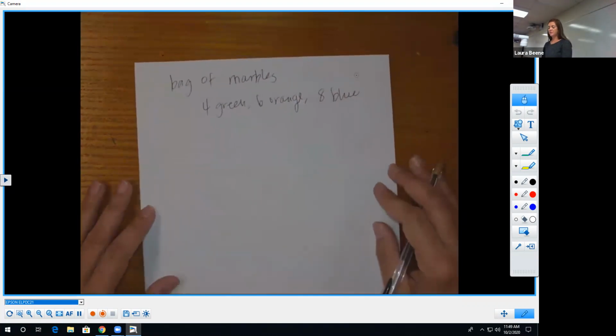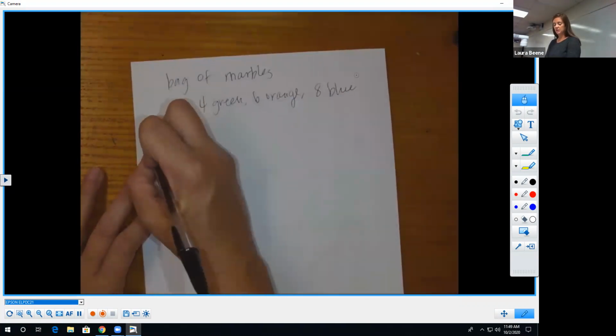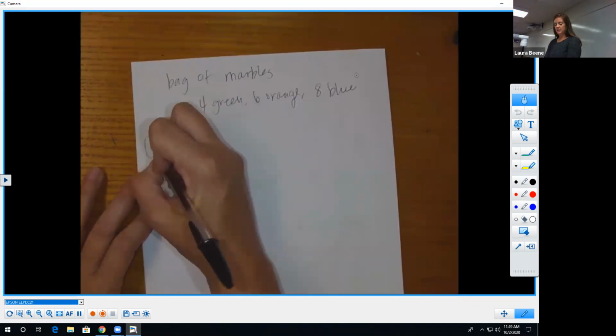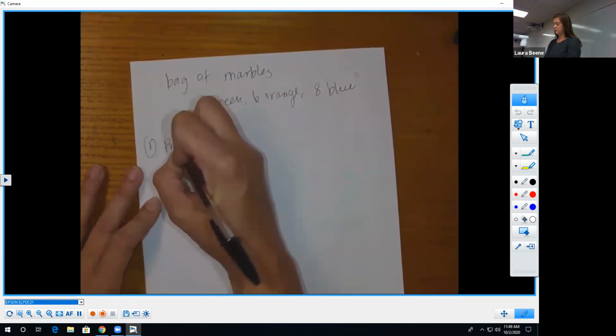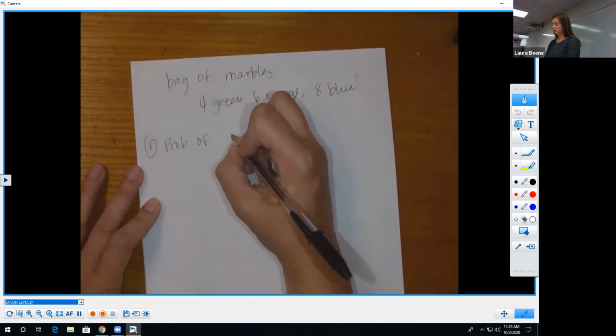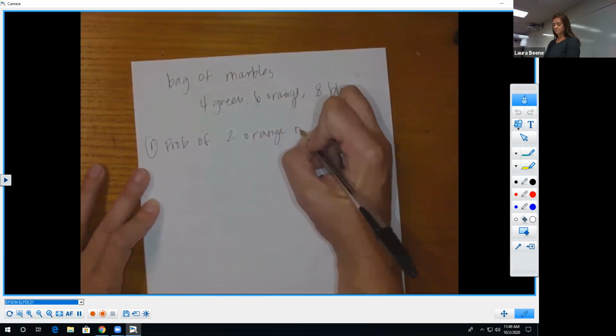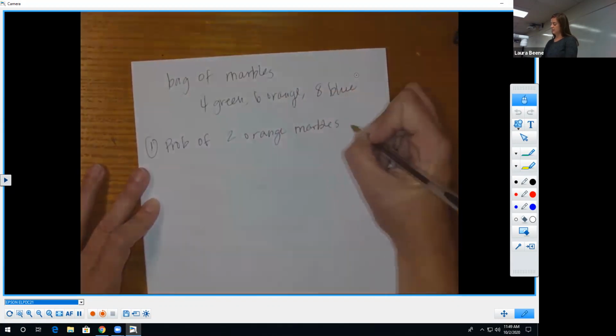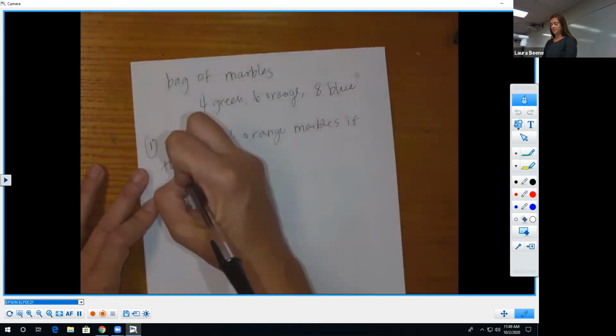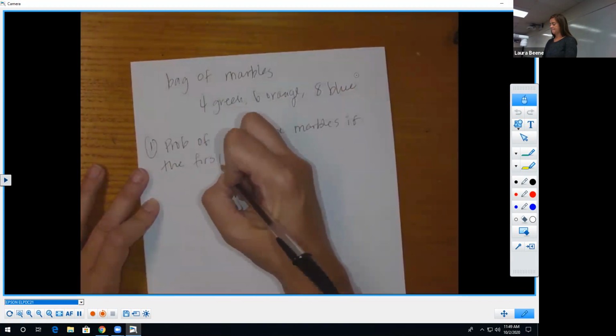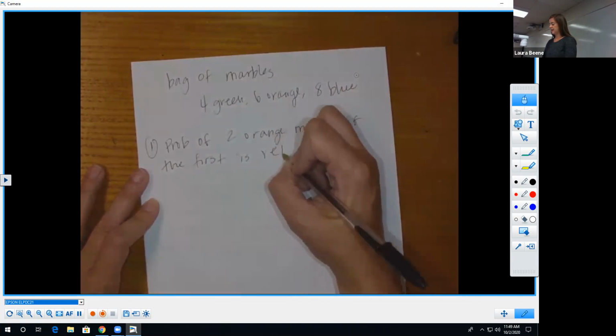Okay, so with those, let's first find the probability of drawing 2 orange marbles if the first is returned after you draw it?